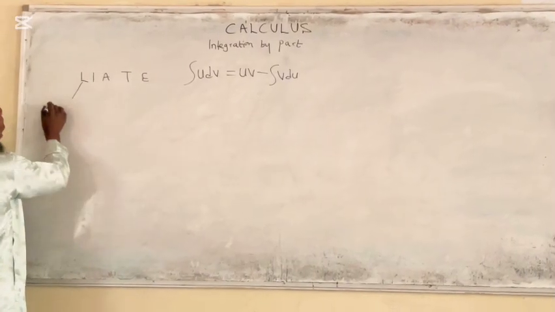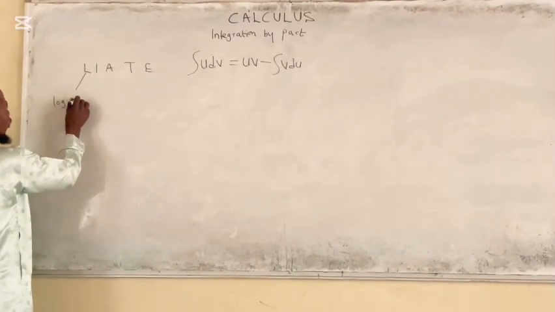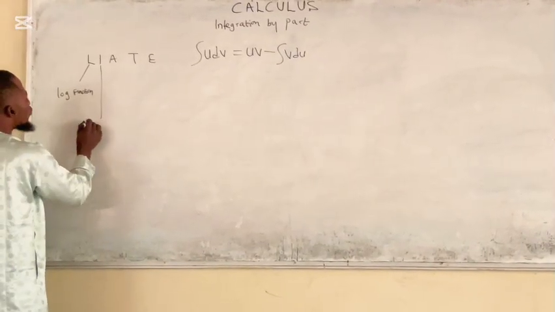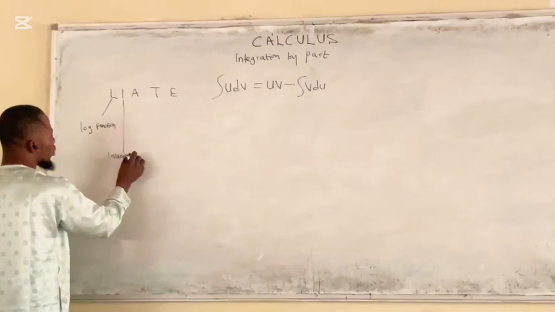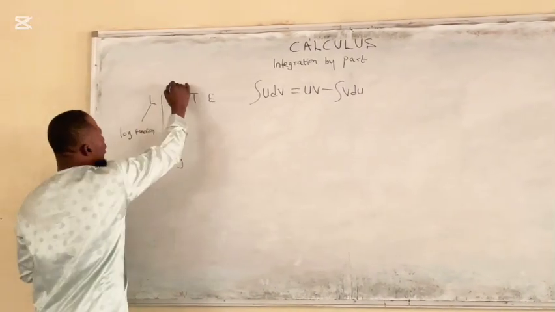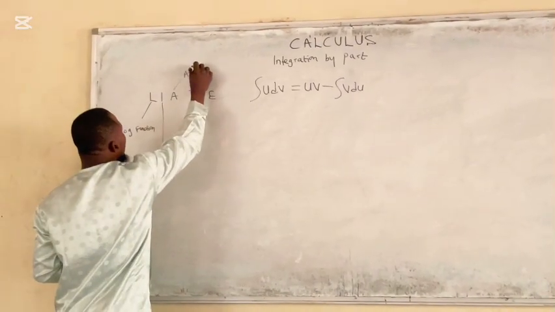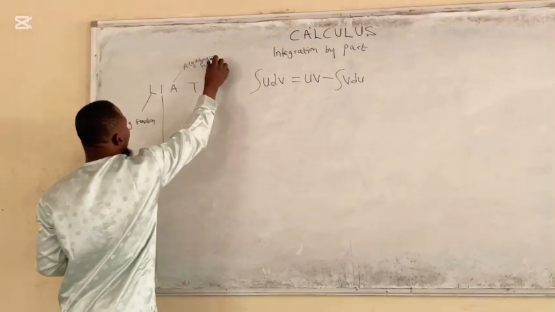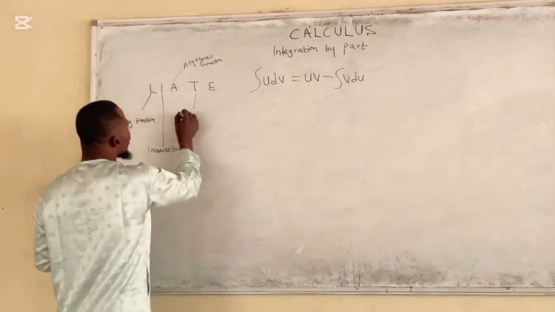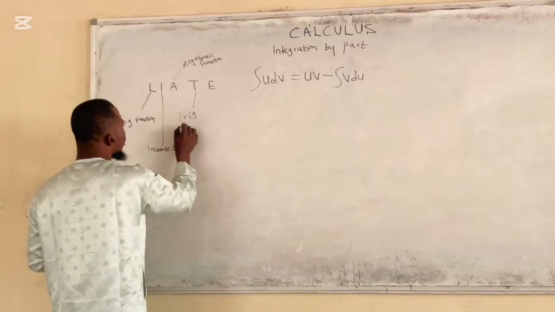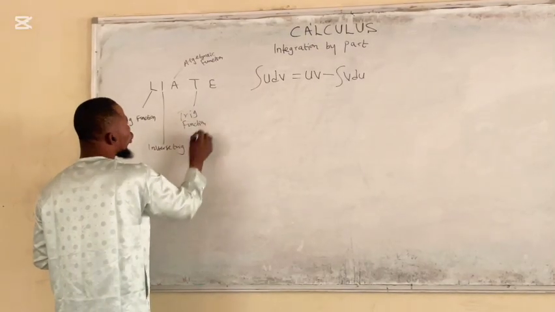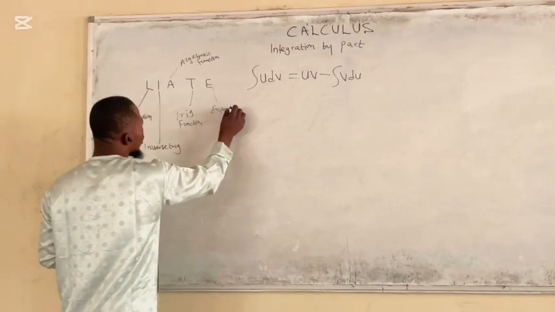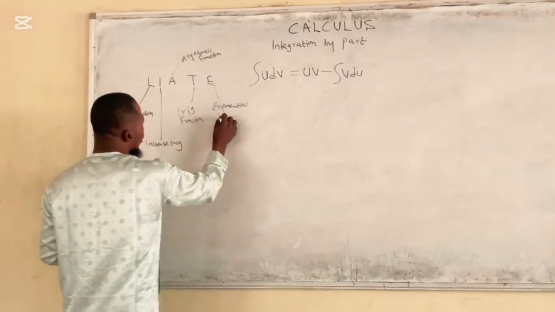The L stands for log function, the I is inverse trig function, the A is algebraic function, the T is trig function, and the E is exponential function.